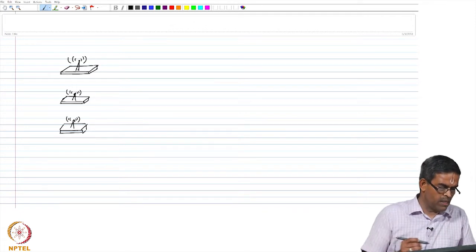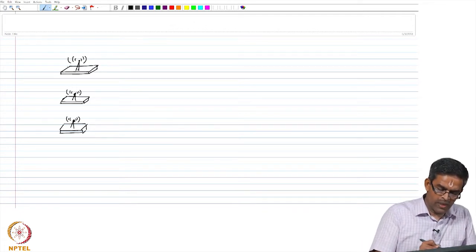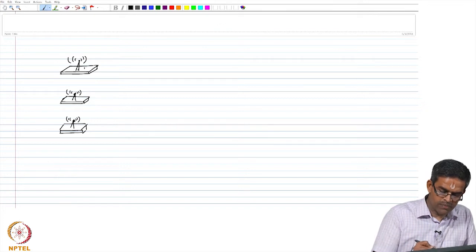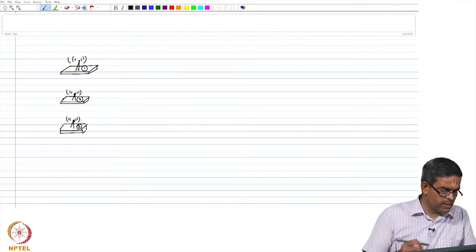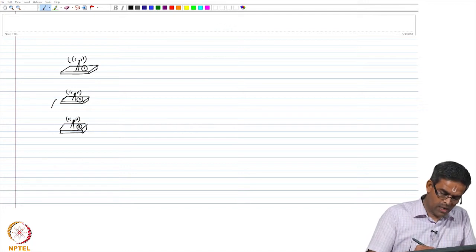Now, interestingly, these sensor nodes, for example, let us say this is node 1, this is node 2 and this is node 3. They interconnect and communicate with each other.